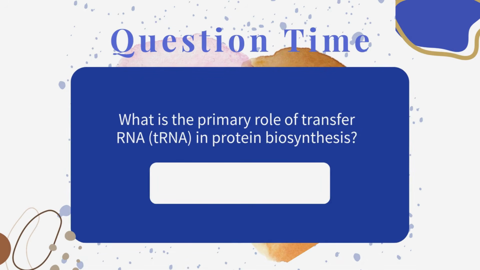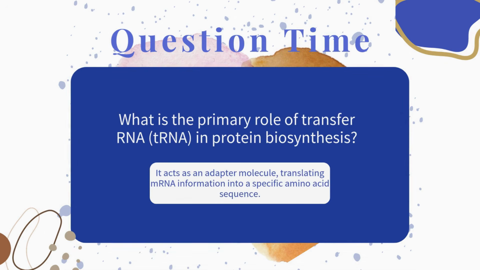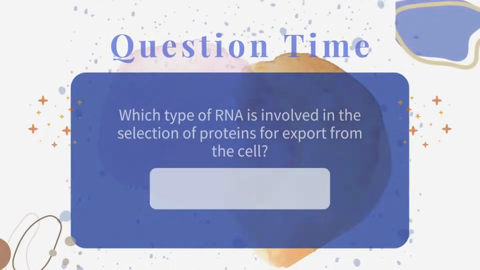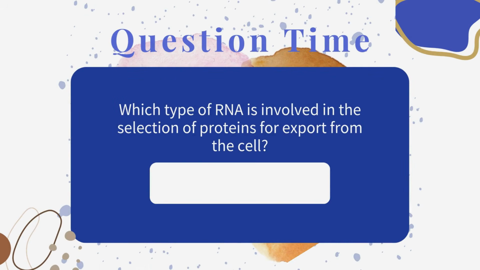What is the primary role of transfer RNA in protein biosynthesis? Acts as an adapter molecule to translate mRNA information to a specific amino acid. Which type of RNA is involved in the selection of proteins for export from the cell? Small cytoplasmic RNA.